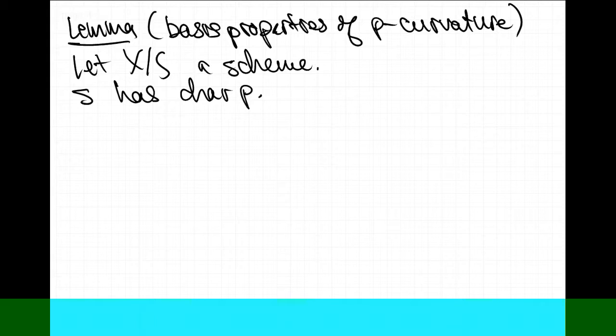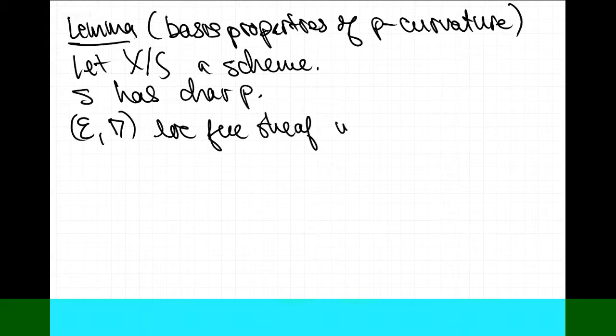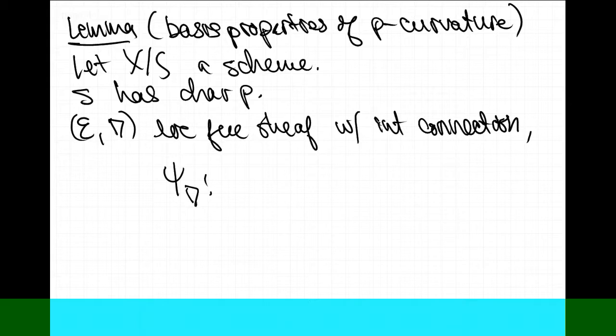And then we're going to let E nabla be a locally free sheaf with integrable connection. Okay, and what we're going to do is we're going to have P-curvature here, and it's going to be a map from derivations on x over s.